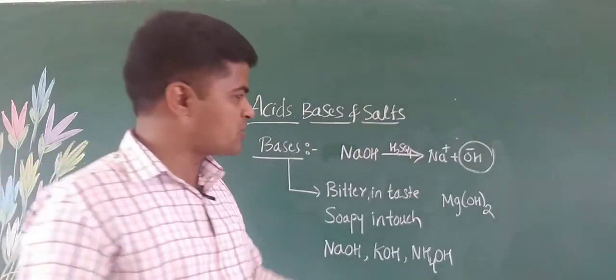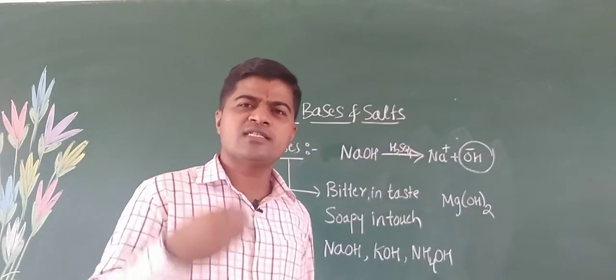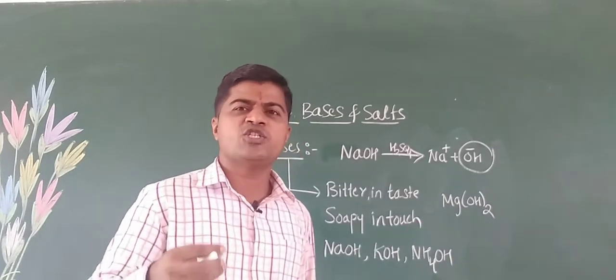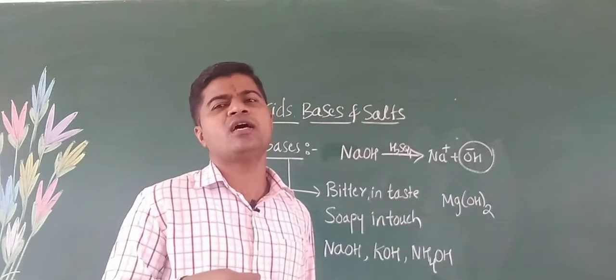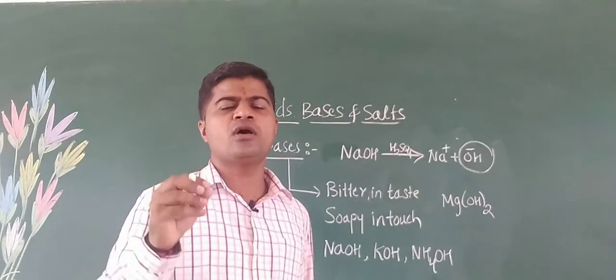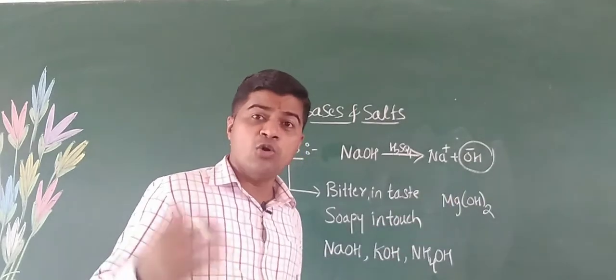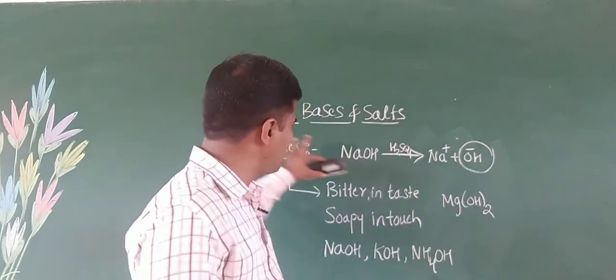Magnesium hydroxide is an antacid. When you get acidity, you take ENO. ENO consists of magnesium hydroxide, which neutralizes the excess acid produced in the stomach. It is a very good antacid. Aluminium hydroxide, Al(OH)3, also comes under the category of bases.